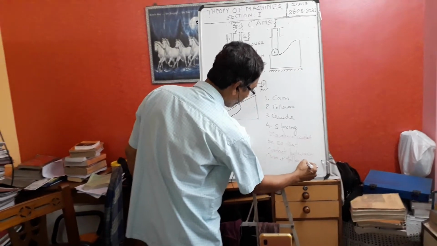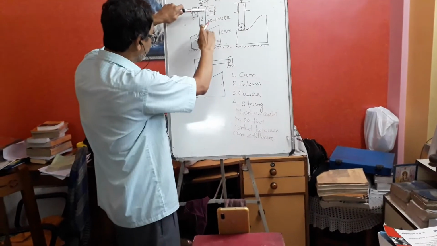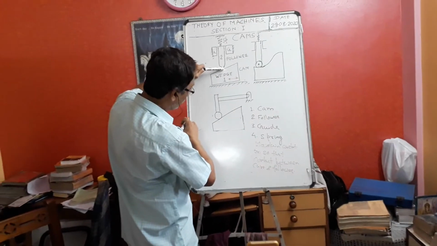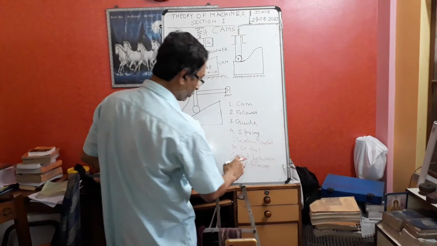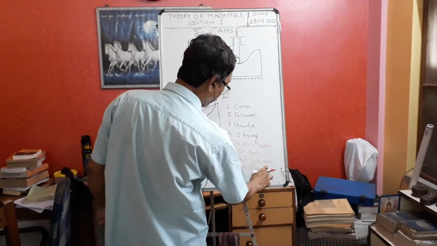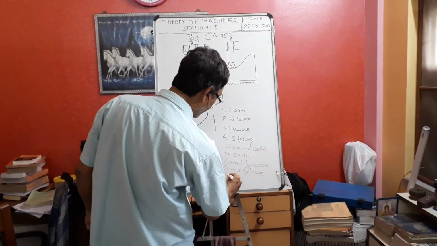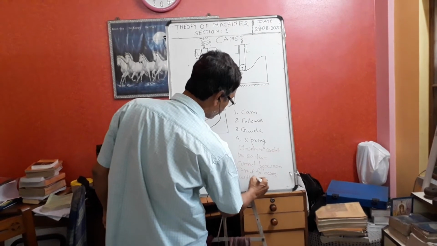Sometimes, if it goes up and then comes down, it may lose contact, but the spring will ensure that the contact between the cam and follower is maintained.